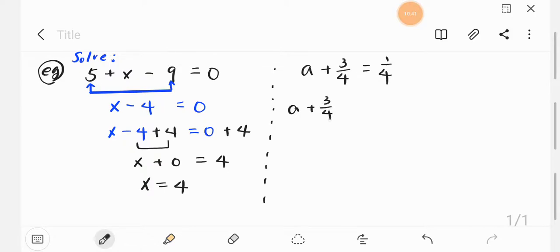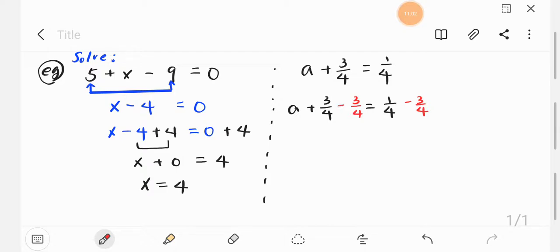We do subtraction, right? Subtract the same number from each side, subtract 3 over 4. So minus 3 over 4.